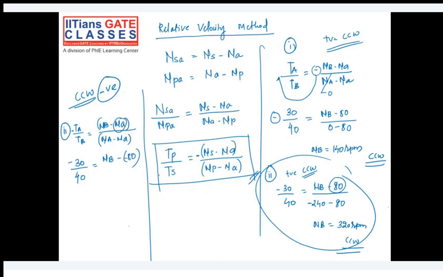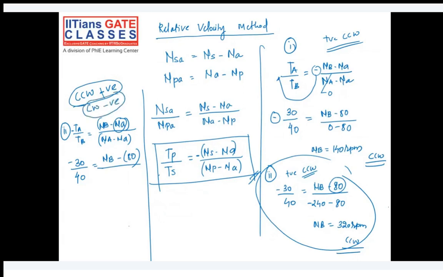So if I assume counterclockwise is positive, I have to just keep it as 80 itself. So I'm assuming counterclockwise as positive. The meaning of it is clockwise is negative.